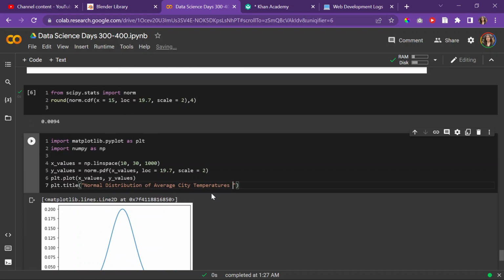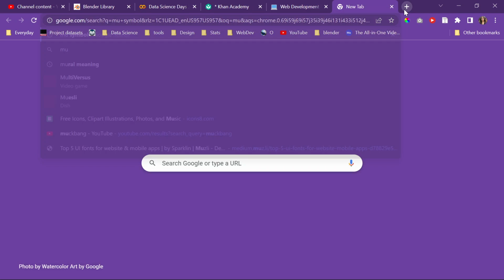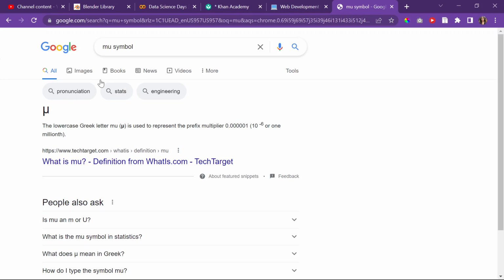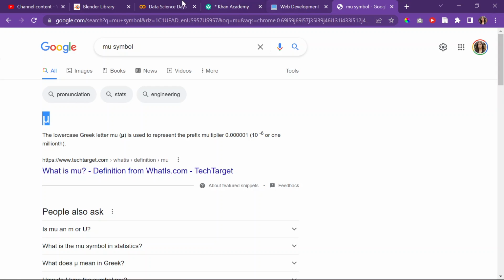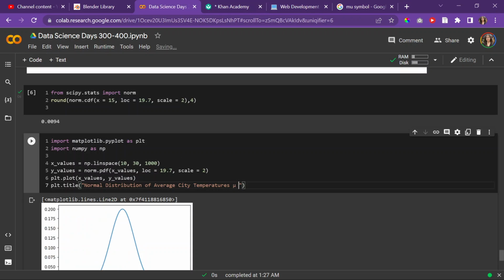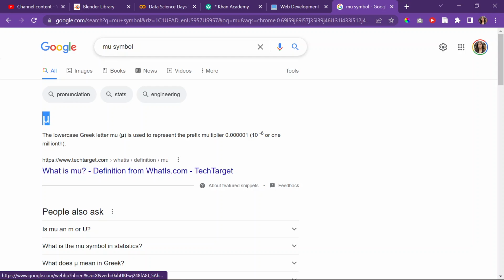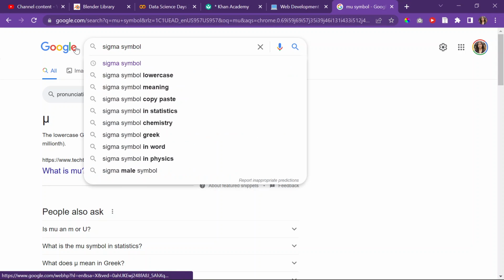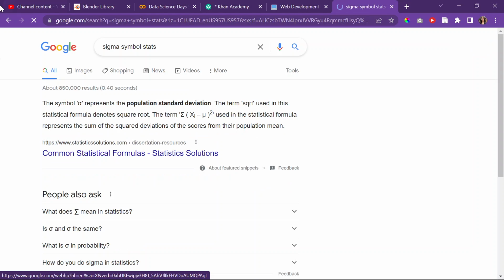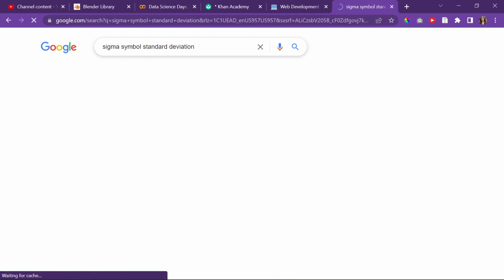And then I have to specify, it's required, what the mu is and what the sigma is. So mu is 19.7, and the sigma symbol, standard deviation.